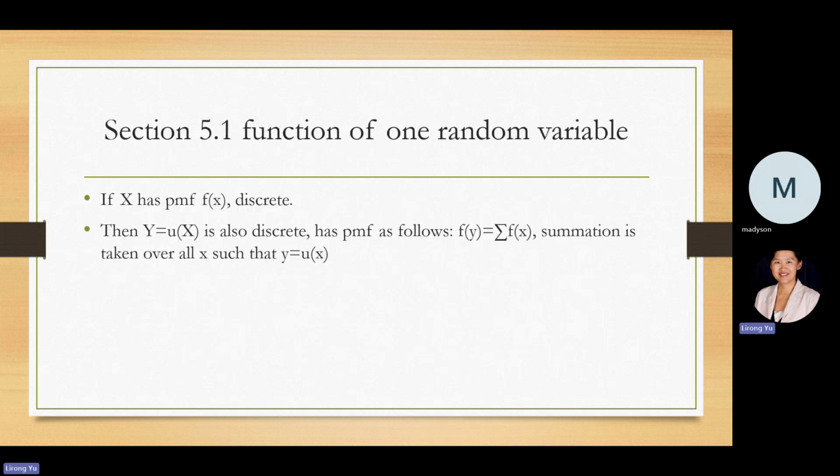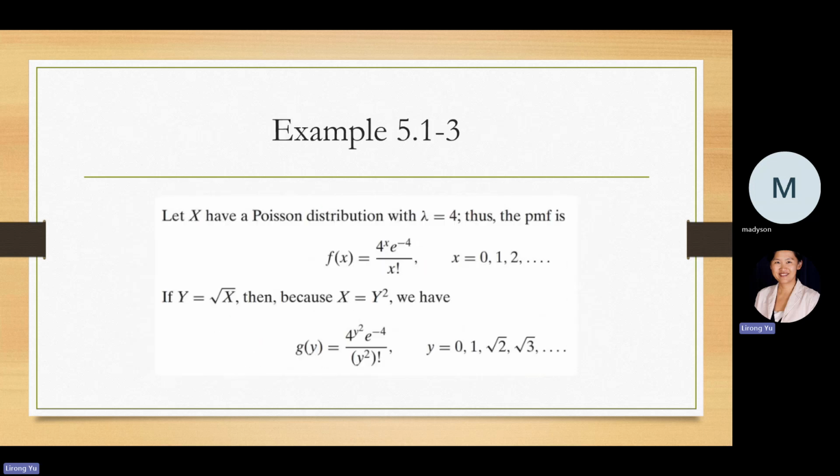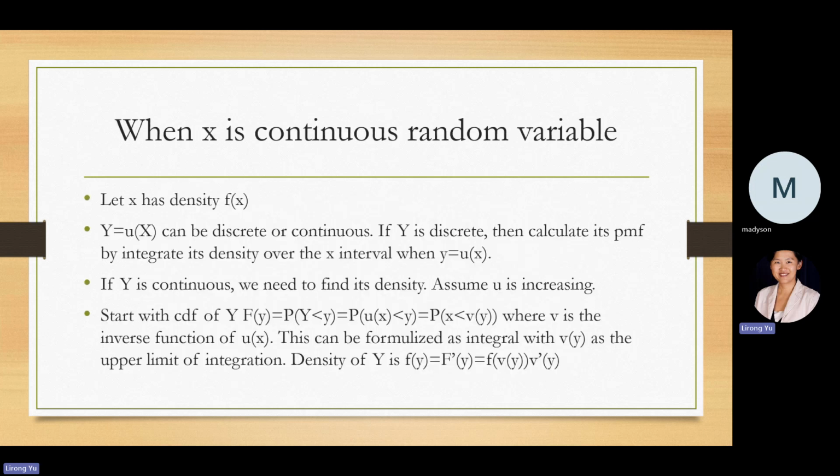5.1 is a function of 1 random variable, and there are 2 separate cases. If the variable is discrete, we will calculate the probability 1 by 1. Now, if the variable is continuous, then we'll have to look at the dependent variable to see if it's discrete or continuous. If it's discrete, then you have to calculate the probability mass function 1 by 1, and over the summation, over the integration.